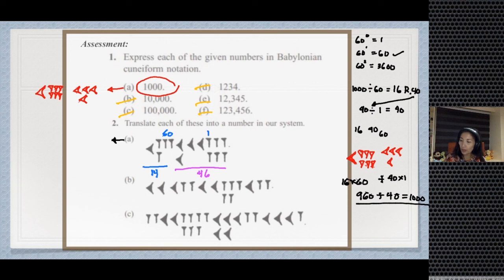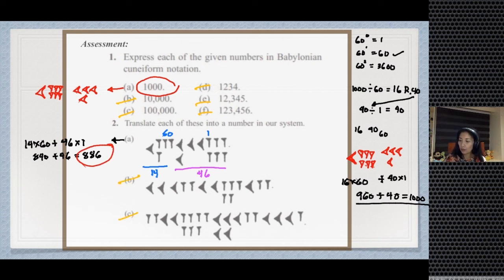Converting this into our current number system, we'll have 14 times 60 times 60 plus 46 times 1. 14 times 60 is equal to 840, plus 46, which is equal to 886. So your letter B and letter C are part of the assignment.